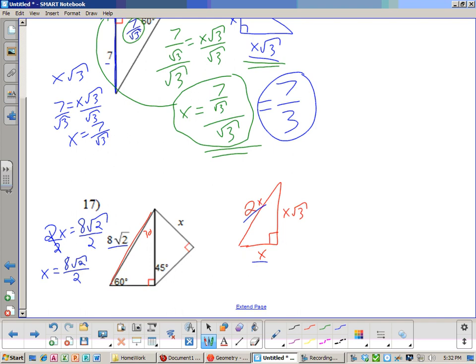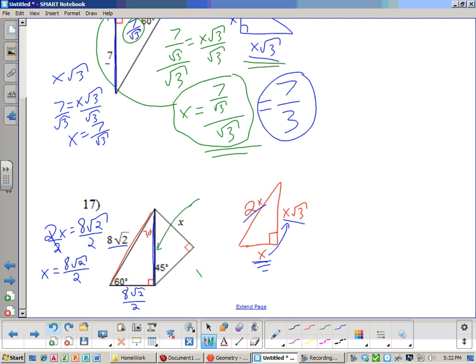x, which is currently the smallest side, is 8 square root of 2 over 2. Now, if I want to figure out this medium side, I'm going to grab that x and just sub it in there. So I want to use that formula now. That formula would be x square root of 3, and actually I don't even have to plug it in. All you do is just grab it and plug it in there.